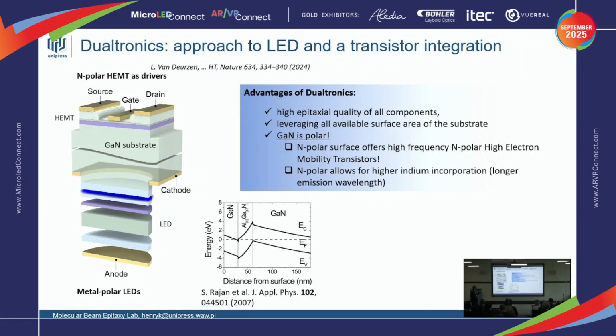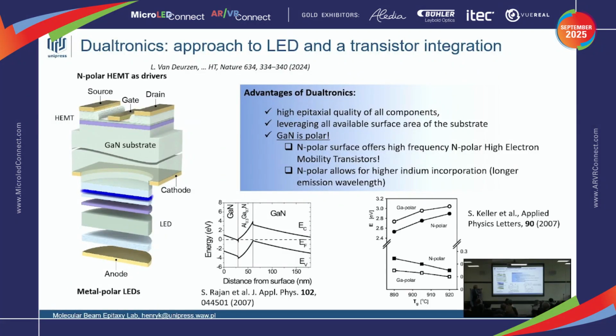The first is that for nitrogen polar high electron mobility transistors, you can expect nice performance at high frequencies, because your two-dimensional electron gas is pretty close to your gates, which gives you some extra performance at high frequencies.